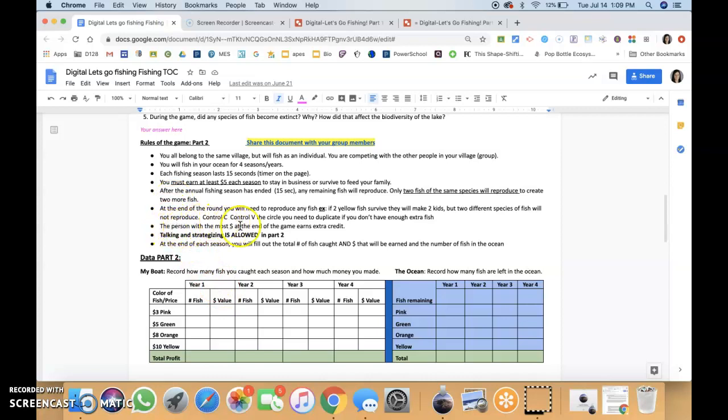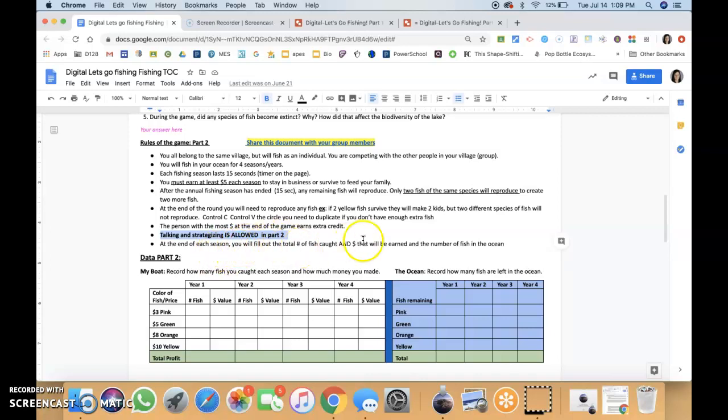So the person with the most amount of money at the end of the game will have the opportunity to potentially earn some extra credit. Here's the only difference. You can actually strategize. You're allowed to talk to each other and strategize to make this particular part of the activity work.